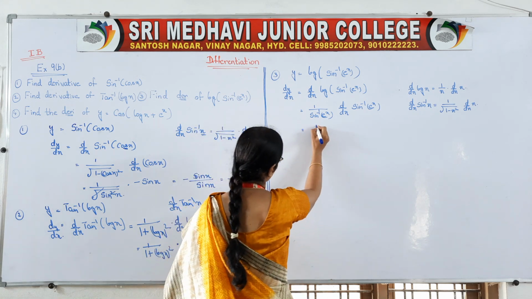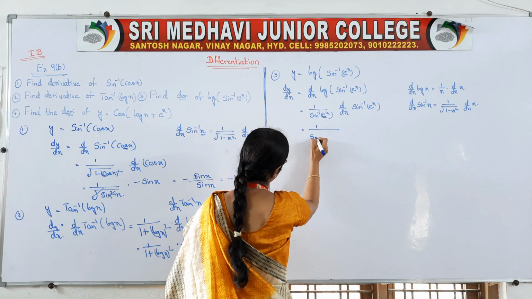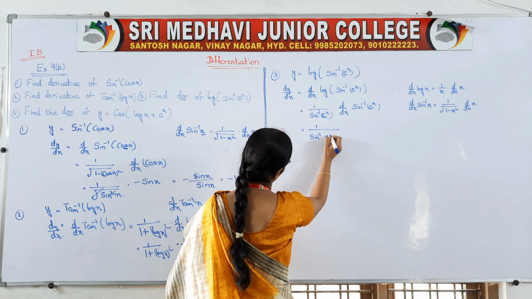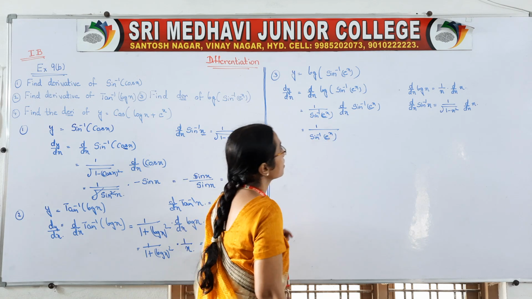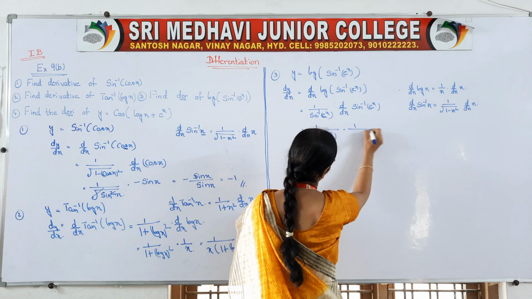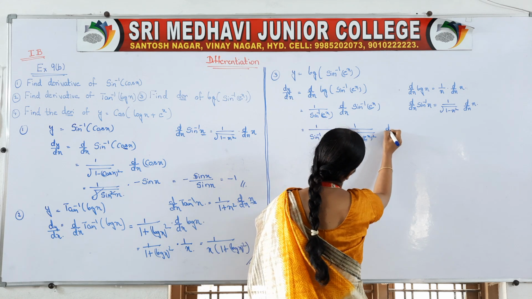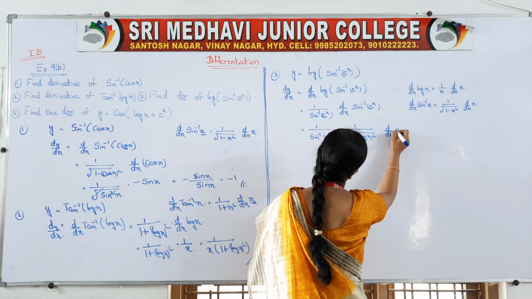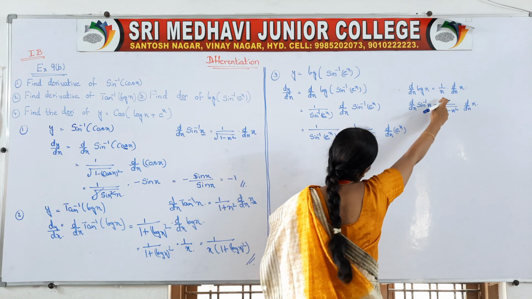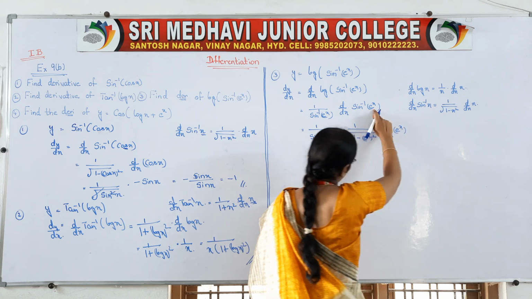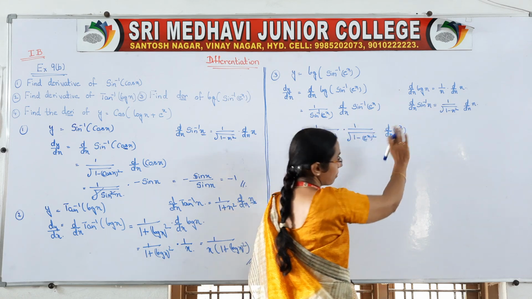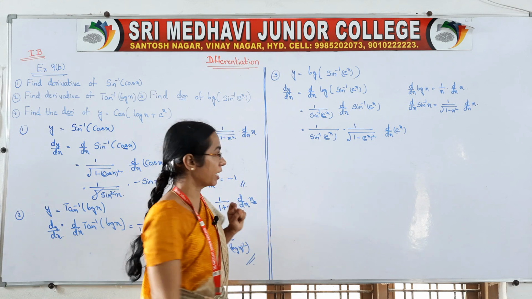So it is equal to 1 by sine inverse of e to the power of x into 1 by root of 1 minus (e to the power of x) whole square into d by dx of e to the power of x. 1 by root of 1 minus variable square into d by dx of that variable.